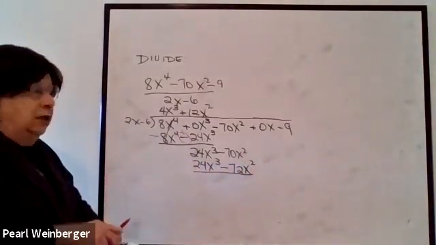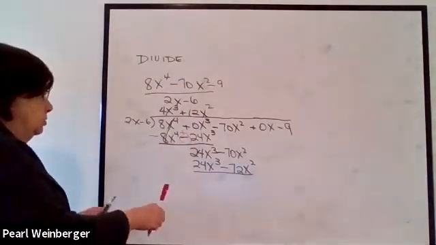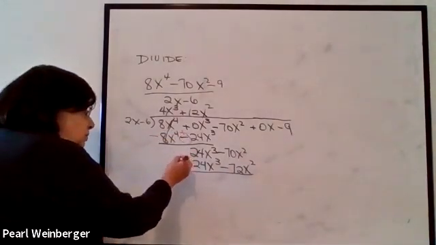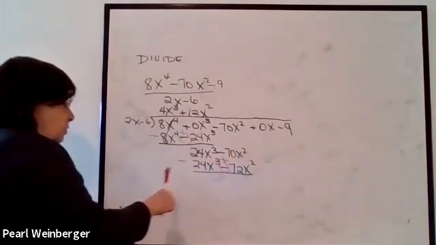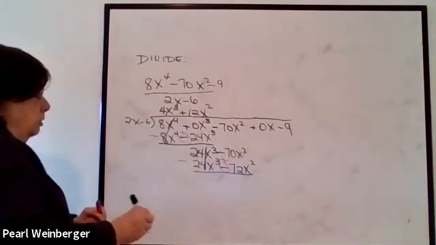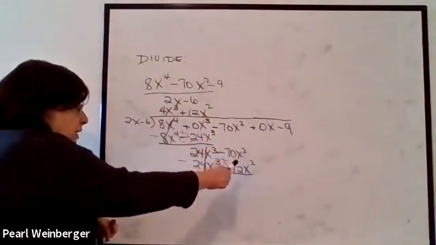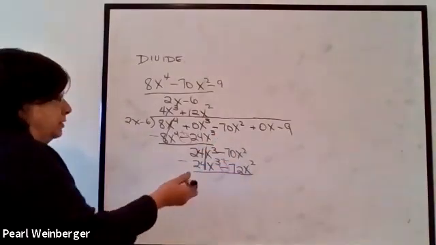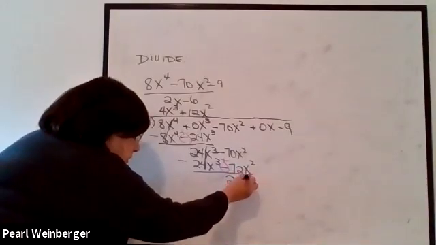These numbers are getting big, so you can certainly use your calculator to do the multiplications. Okay, we're subtracting, so this is going to become a negative, this is going to become a positive. And the 24x cubed minus the 24x cubed cancel. And now I have a negative 70x squared and a positive 72x squared, which gives me 2x squared.